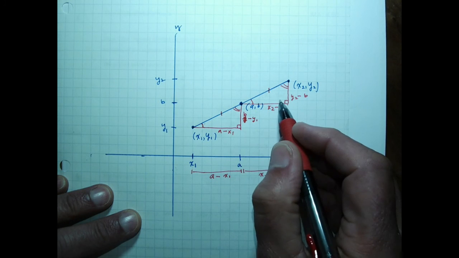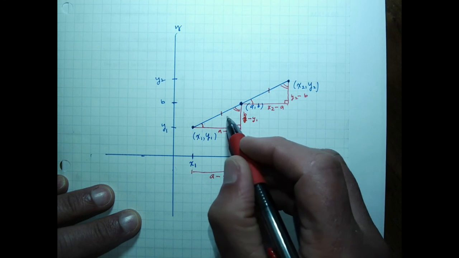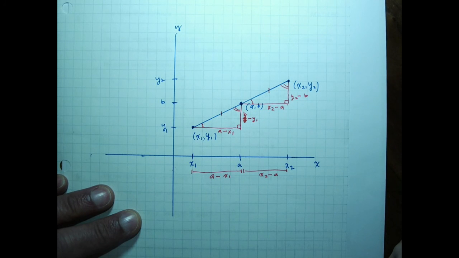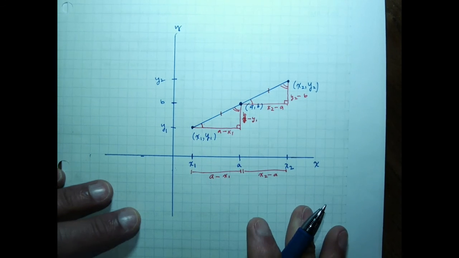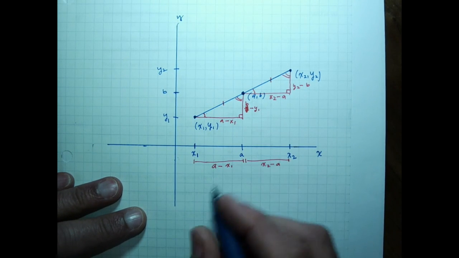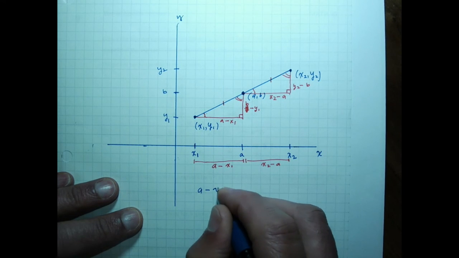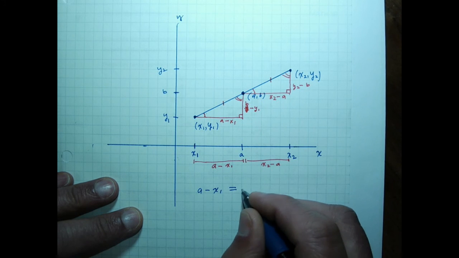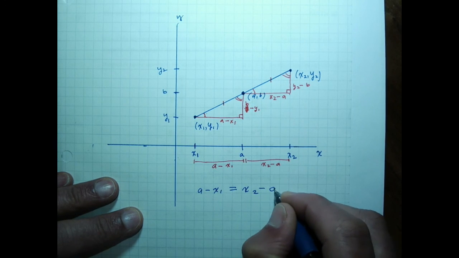Whenever two triangles have all three angles matching up and a side of one equals the side of the other, the two triangles have exactly the same shape. And so that means that the side A minus x1 has to equal the other side, x2 minus A.